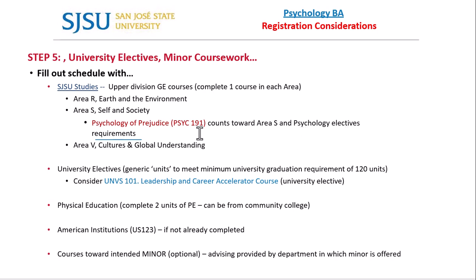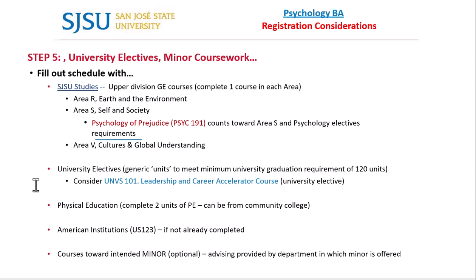So that one class will fulfill 2 requirements, right? Area S and a psychology elective. Okay, so make sure to note that because not only is it a very interesting class, but it can also help you to complete 2 requirements. Okay, and then the last area is area V. Okay, so make sure that you complete the SJSU studies requirement.